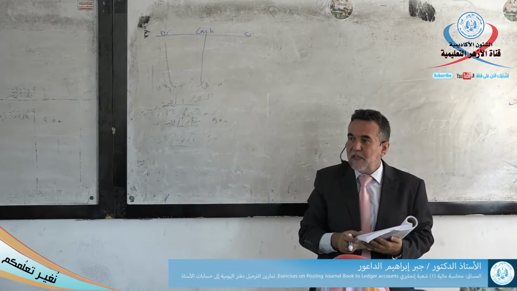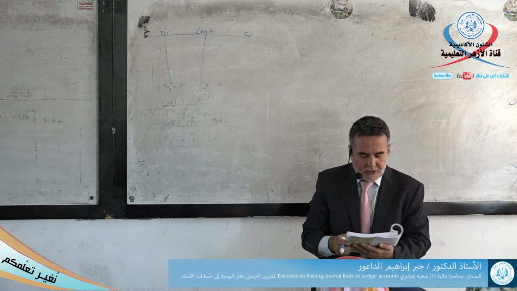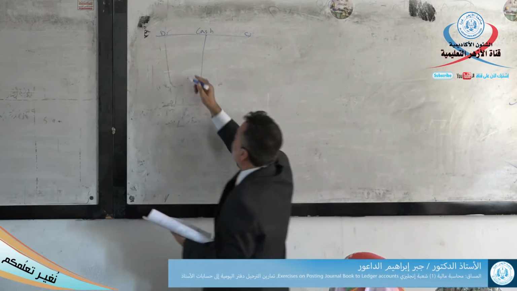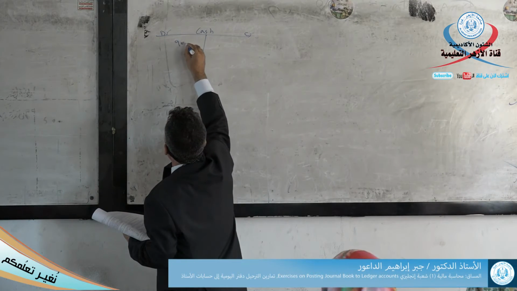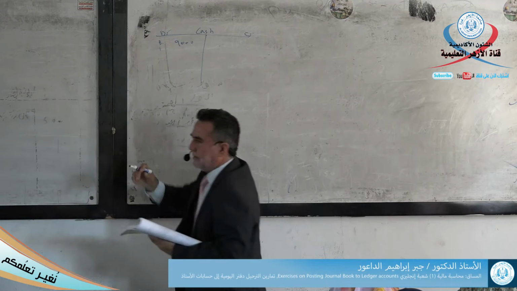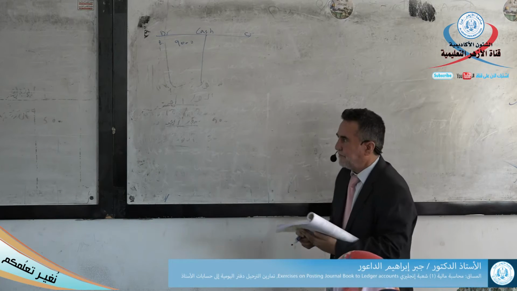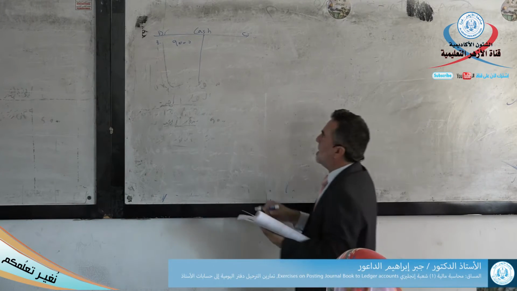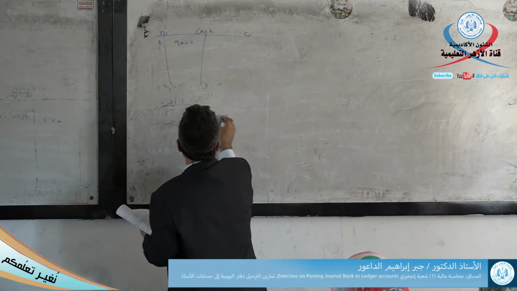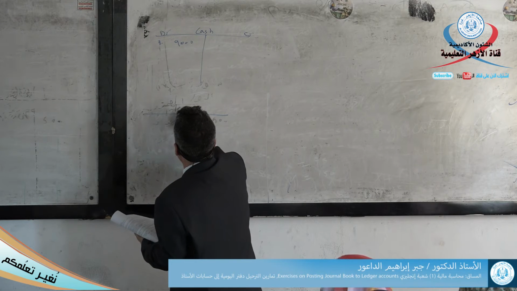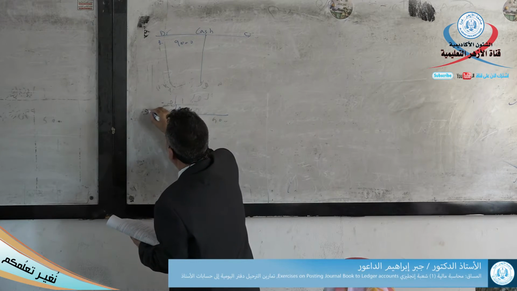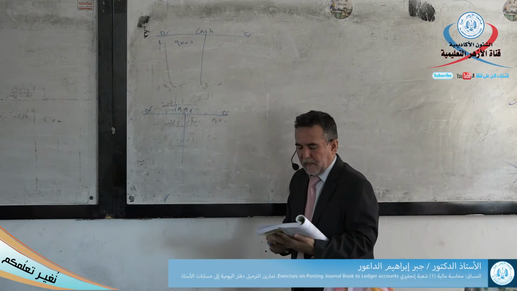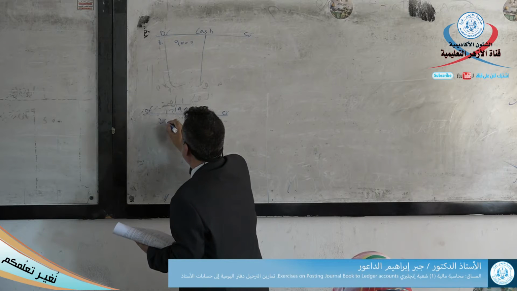The amount of cash is 9,000. Another one, land, $24,000.